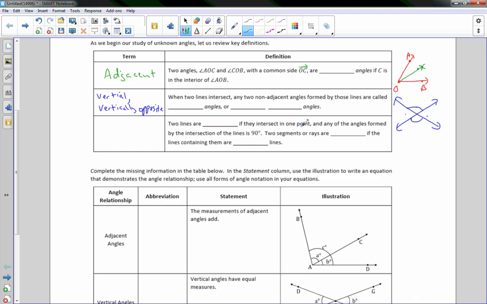We have a line, and another one that intersects in one point, and any of these angles formed by the intersecting lines is 90 degrees. Then the two lines are perpendicular.